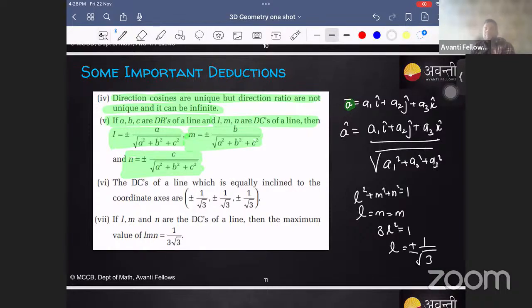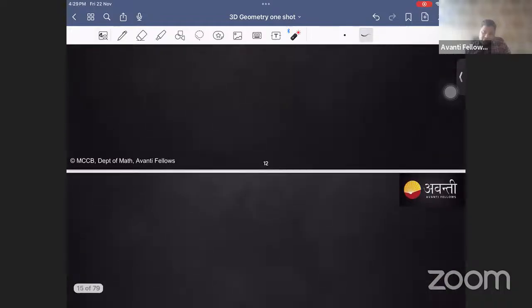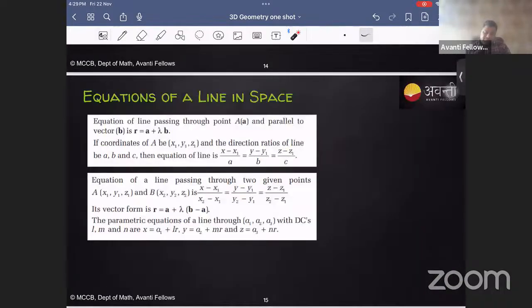Similarly M goes and similarly N goes. Am I clear? Now, if L, M, N are direction cosines of a line, the maximum value of LMN can be found using AM-GM, not too much worth considering. Got it?